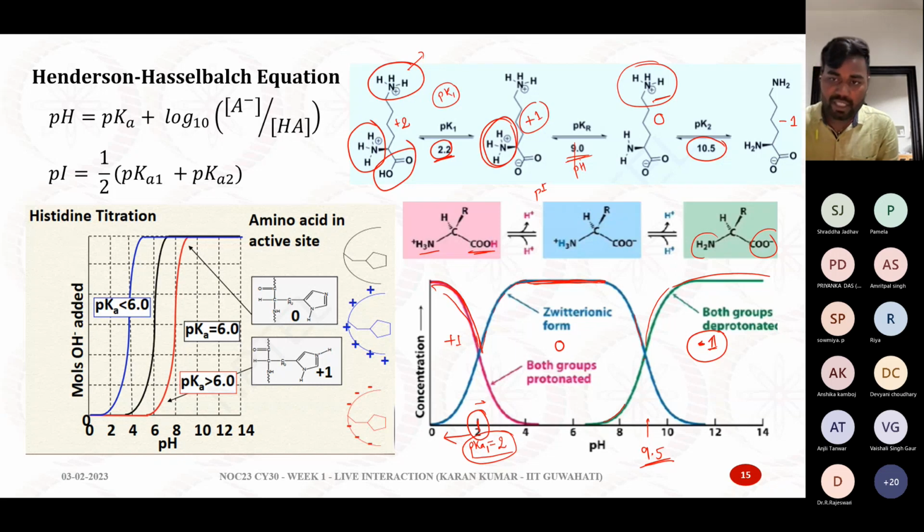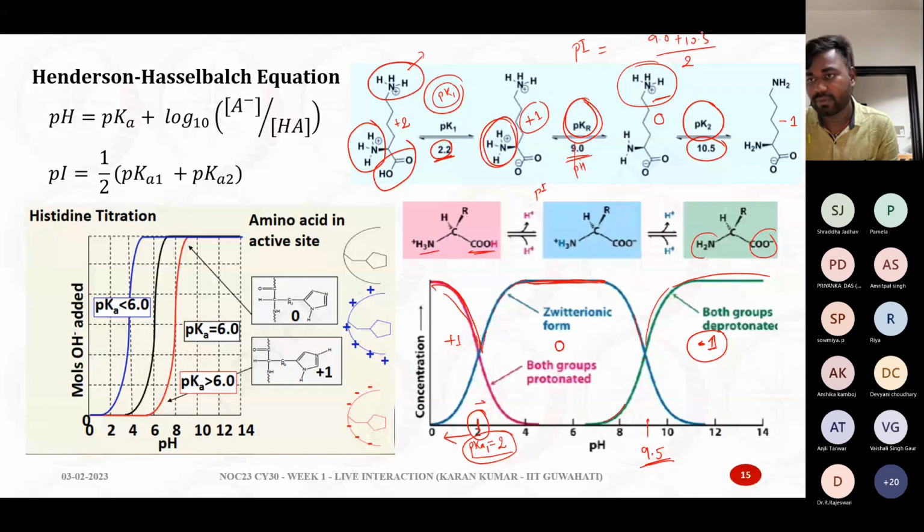So for calculating the pI value, you will not take the average of these two pH, but you will take the pH value of this one and this one. For calculating the pI value of arginine, you will take 9 plus 10.5 divided by 2. That is how you calculate the pI value of any branched R group containing amino acid.